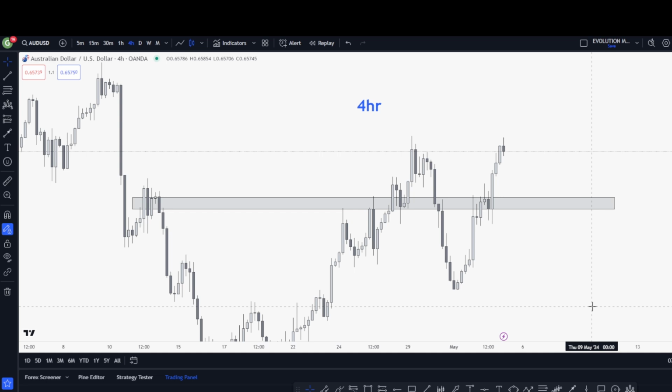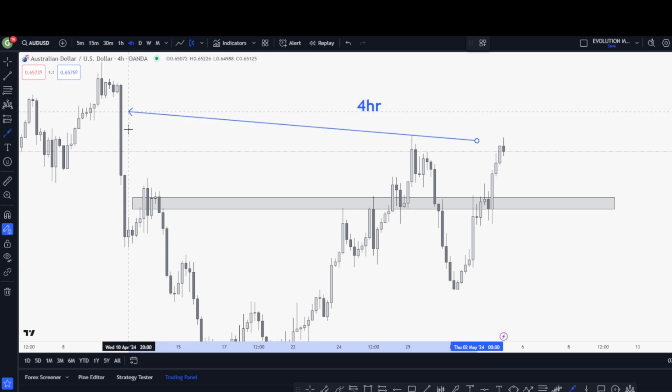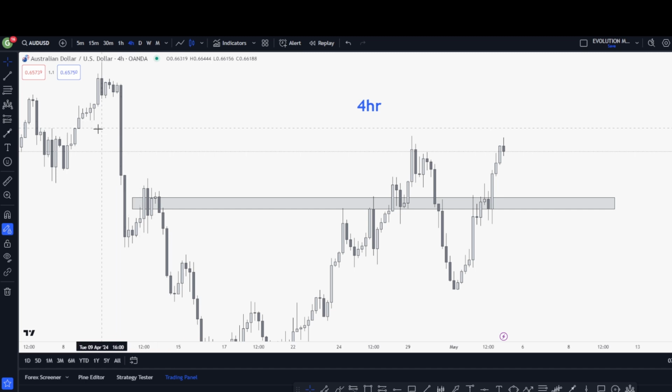Now, in the 4-hour time frame, what we see is, looking to the left, there's a very clean range area to the left with no impediments of price moving to the upside, apart from the resistance that only appears at this area here and right up here.